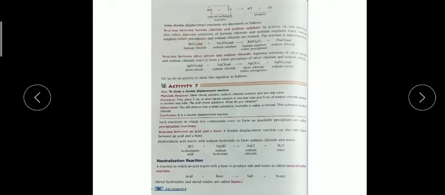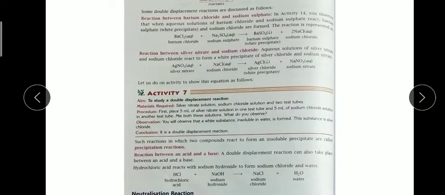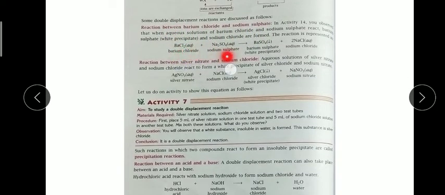A few reactions are given. Reaction between barium chloride and sodium sulfate: both are compounds, and based on their reactivity, they displace their ions and form two new compounds. When barium chloride reacts with sodium sulfate, it produces barium sulfate, which is a white precipitate, and sodium chloride.